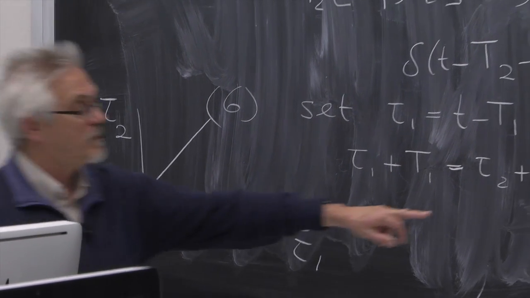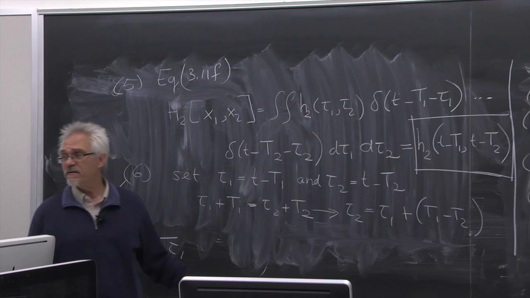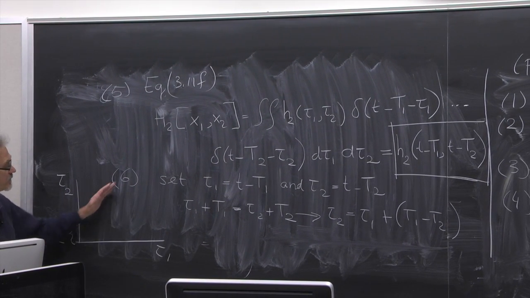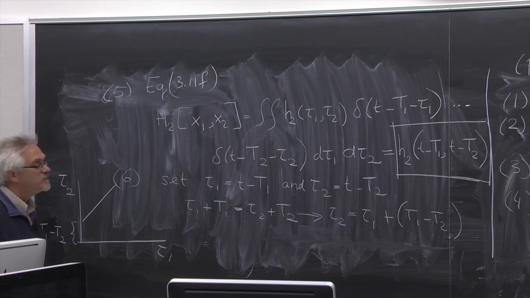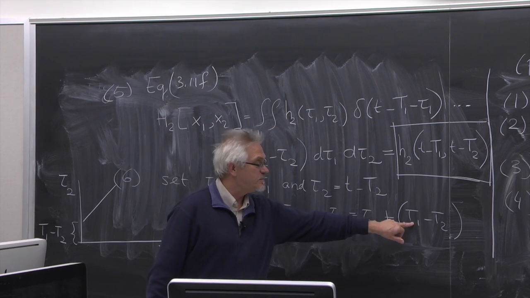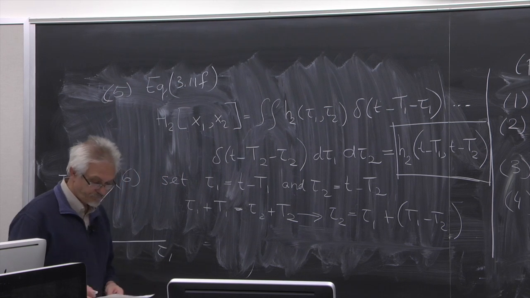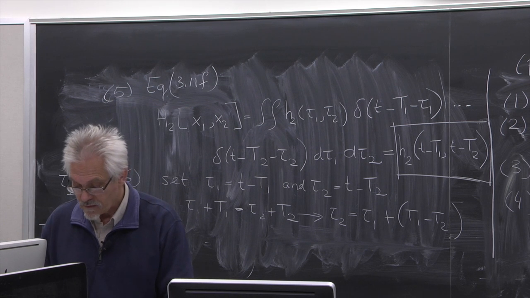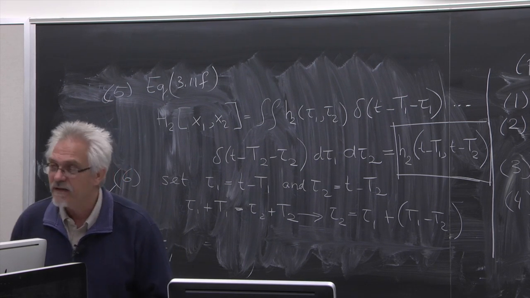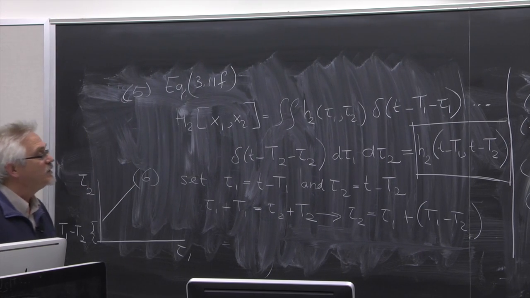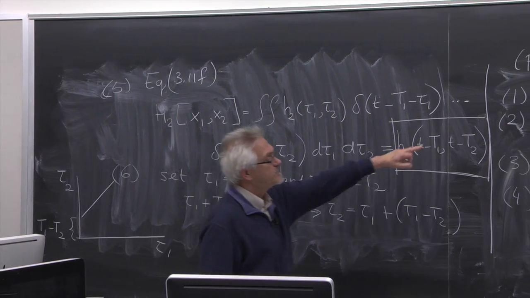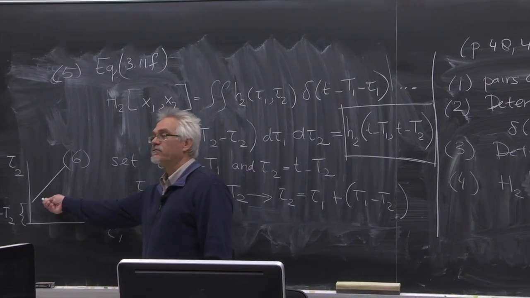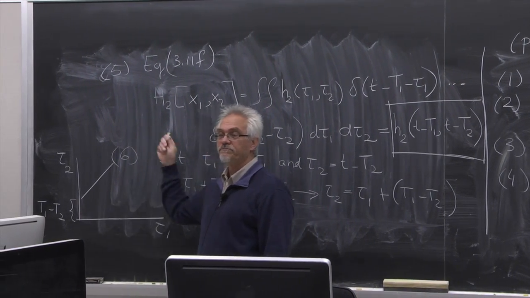Because tau 2 equals tau 1 plus that, that is a 45-degree line, so parallel to the diagonal. And the intercept is t1 minus t2. So every time that I use this procedure, I will get a slice through this H2 function.